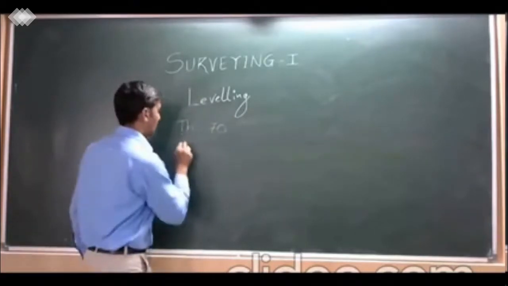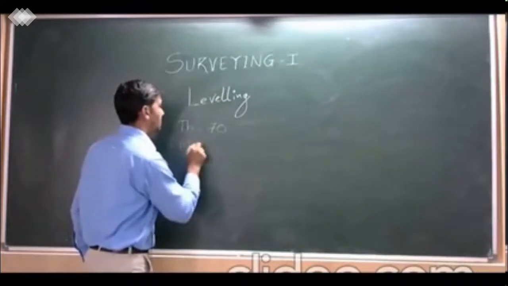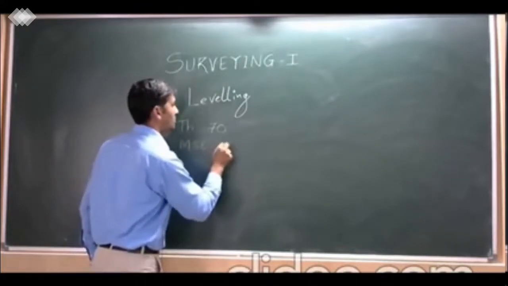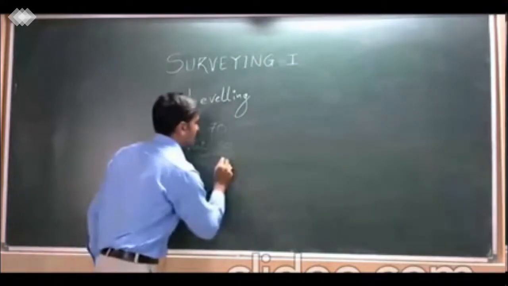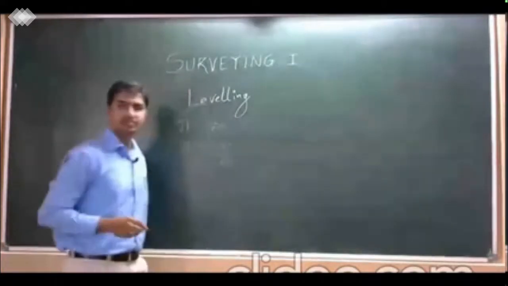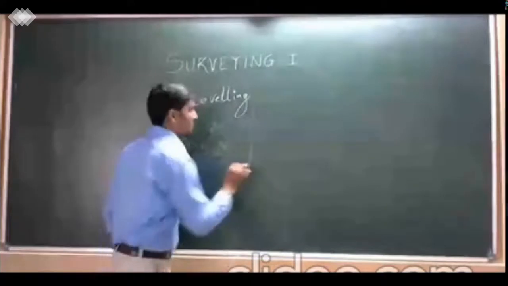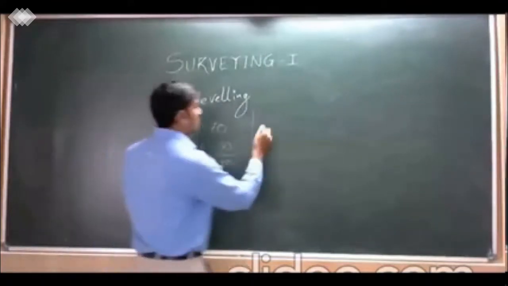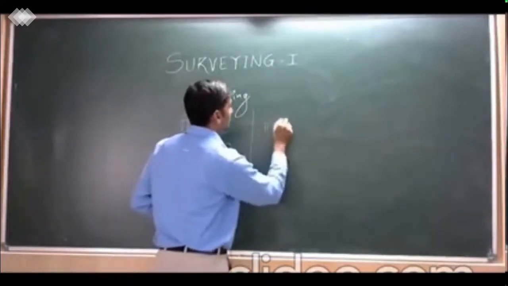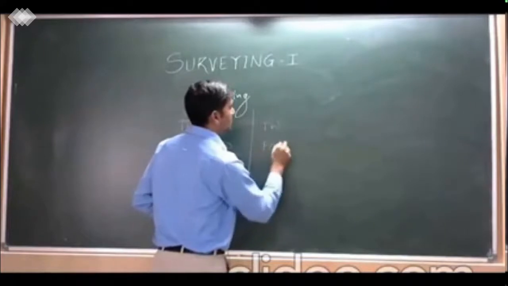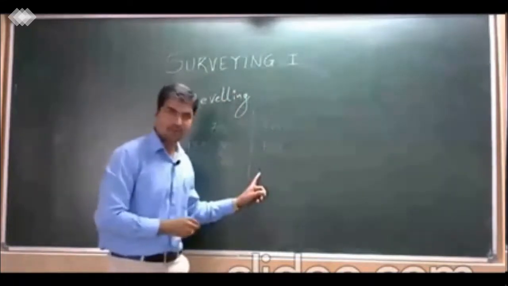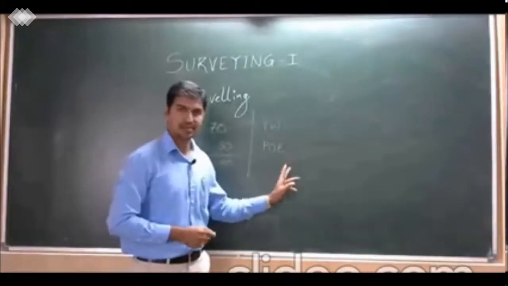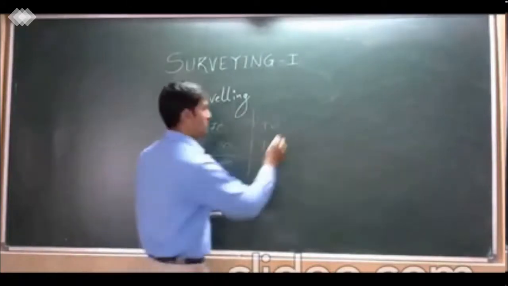This is having a mid-semester examination of 30 marks, so it will equal 100. This subject also contains term work marks as well as external practical. POE stands for practical oral and the term work.